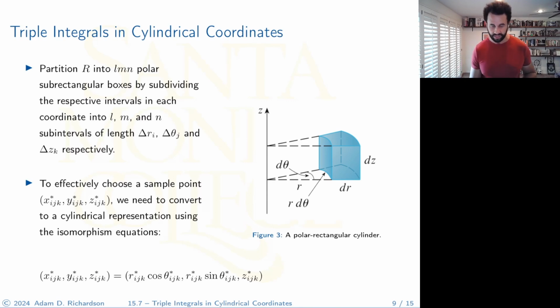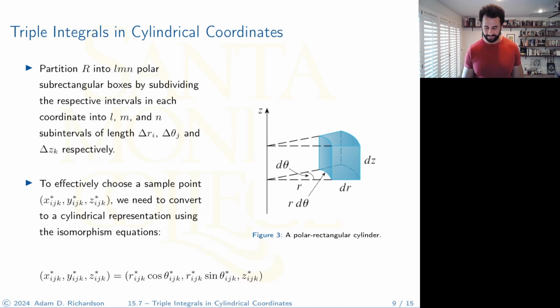So remember that in cylindrical coordinates, x is r cosine theta, y is r sine theta, and z is z. The rest is a mess. So don't let the stars and the i, j, k's overwhelm you. Those are literally just indexing things to say where we're at. Quite literally, if we're at this particular box, then this would be the particular point. But r cosine theta, r sine theta, z.